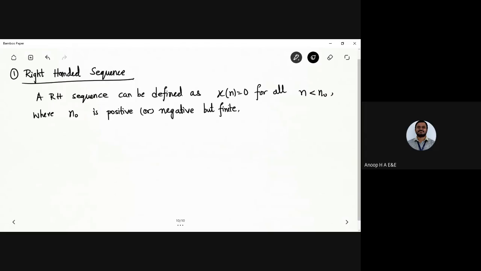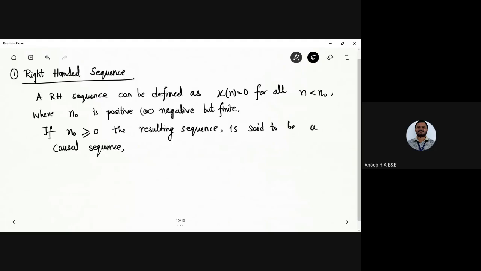Okay. So if n naught is greater than or equal to 0, the resulting sequence is said to be a causal sequence, or positive time sequence.